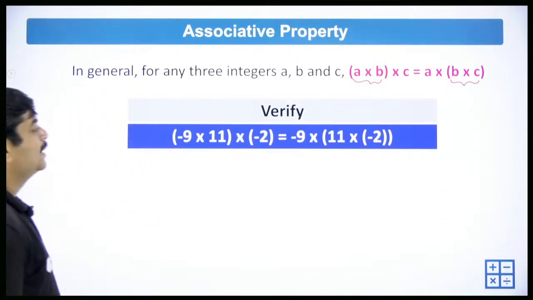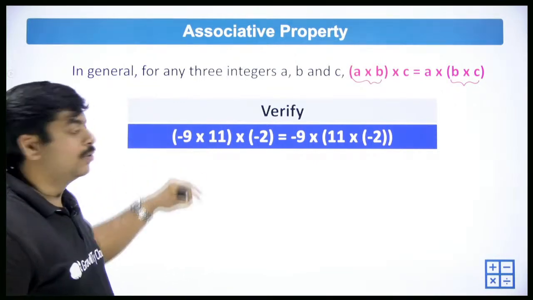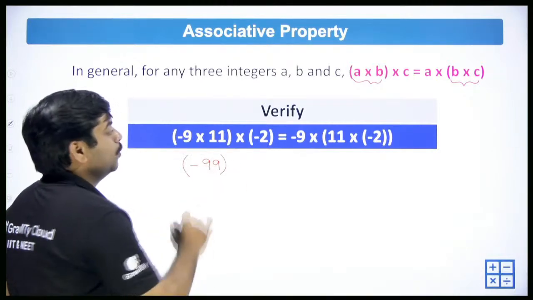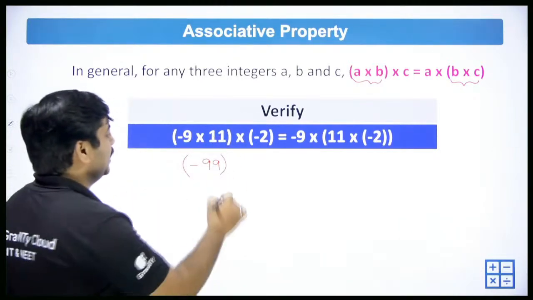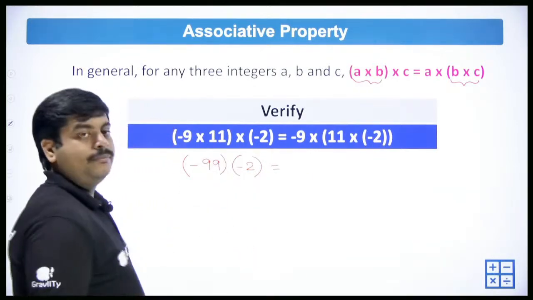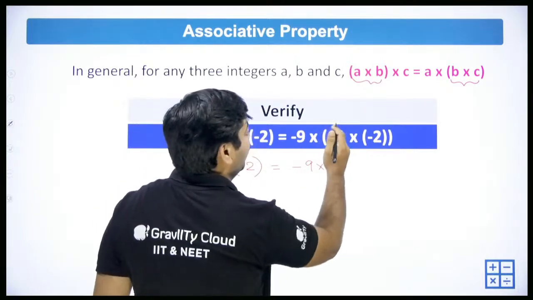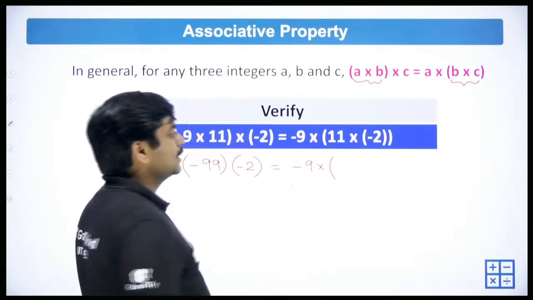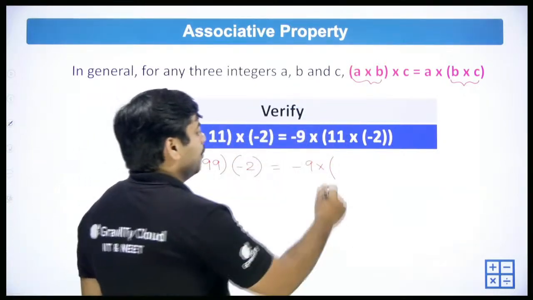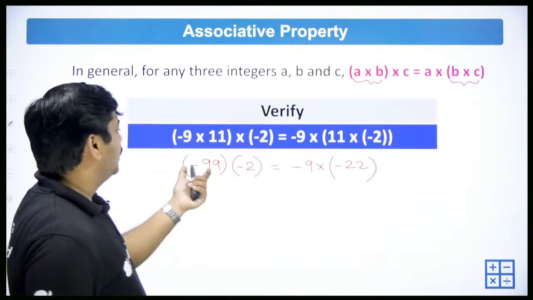Minus 9 into 11: 11 nines are 99, with a negative, so minus 99, into minus 2. The other way, 11 into minus 2: 11 twos are 22 with negative, minus 22.